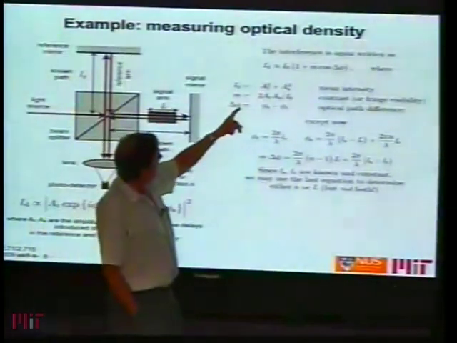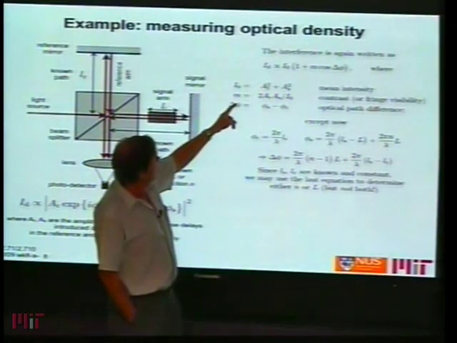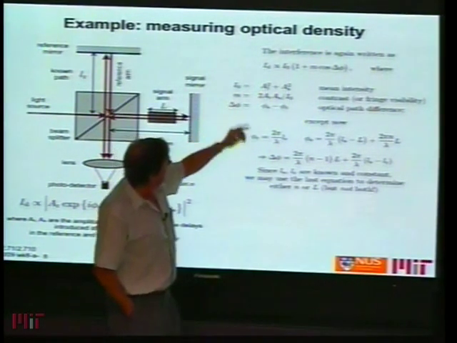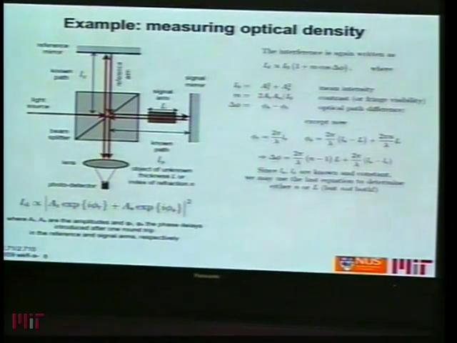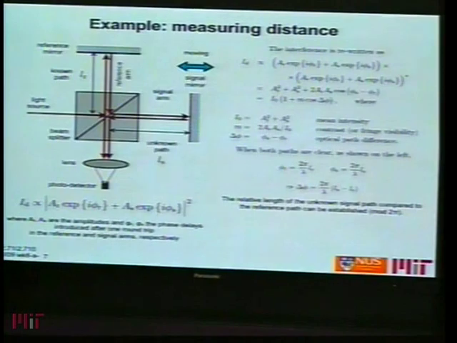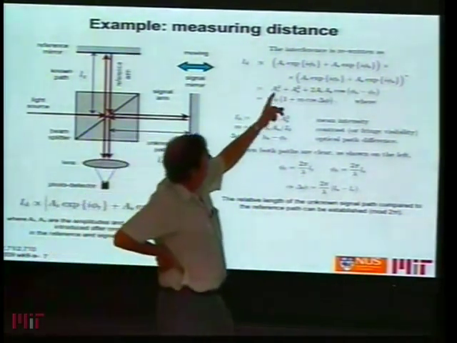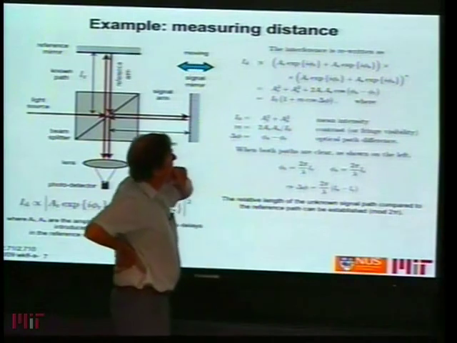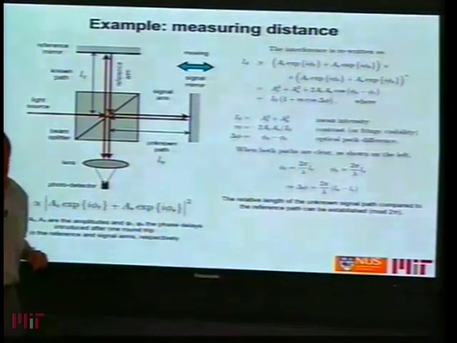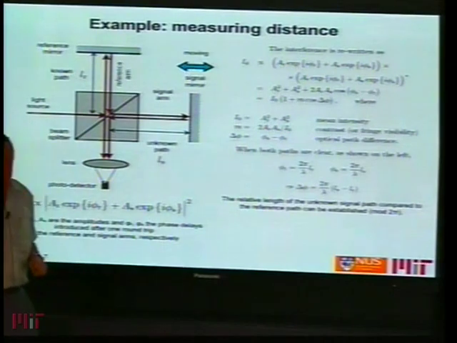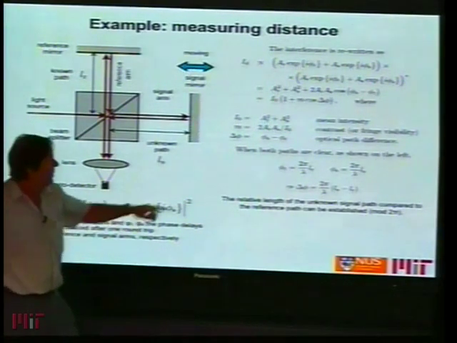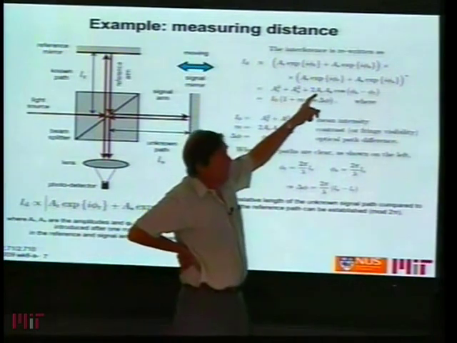Contrast is not necessarily the most important thing, because if you notice what we had before, let's go back to this one here. You can see that you've got these 3 terms. So what we're saying is if you make AR much bigger than AS, then the contrast is going to get smaller and smaller, because obviously this term is going to become much bigger than this one.